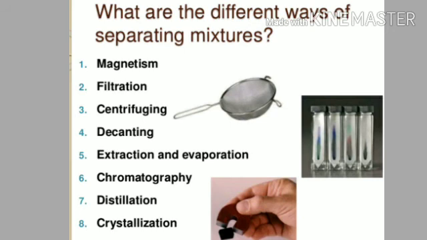We have various types of separation processes or techniques, which are crystallization, filtration, decantation, sublimation, simple and fractional distillation, chromatography, separating funnel method, magnetic separation, etc.